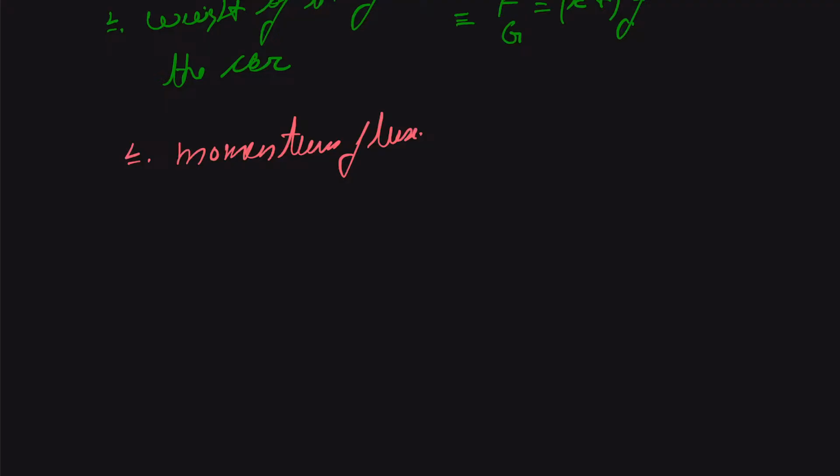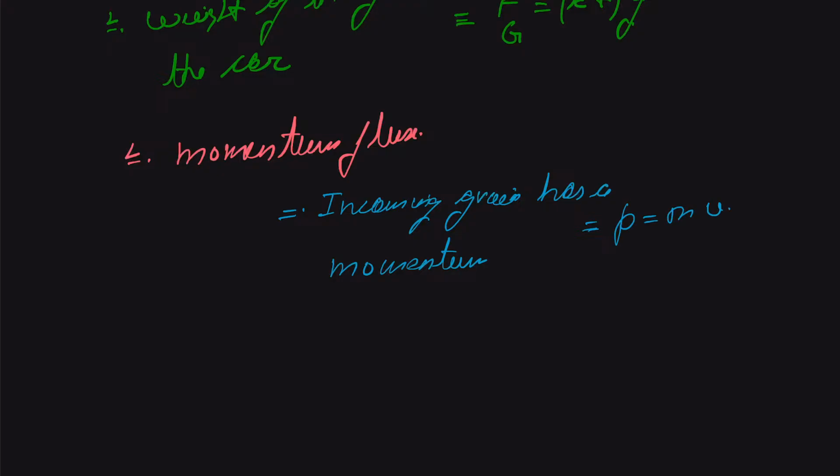We know that the incoming grain has a momentum, let us suppose that momentum is p, and p will be nothing but mass times the velocity.